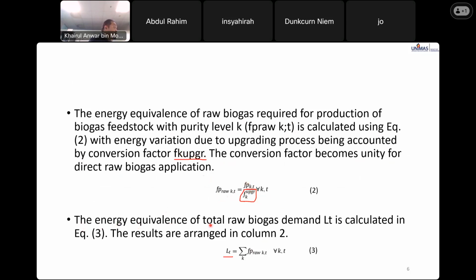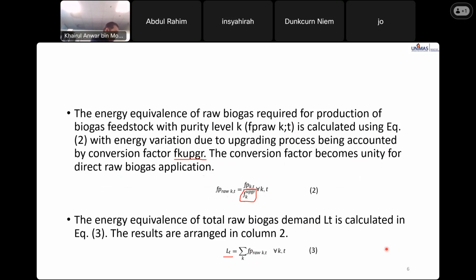The energy equivalent of total raw biogas demand LT is calculated in equation 3. The results are arranged in column 2. LT equals the summation of FPO, which is the total gas demand.